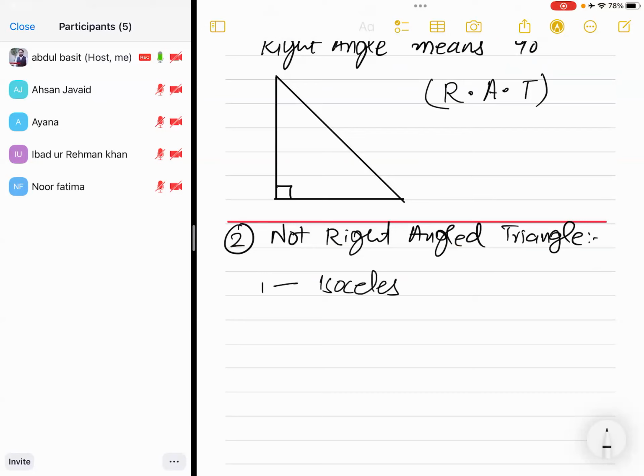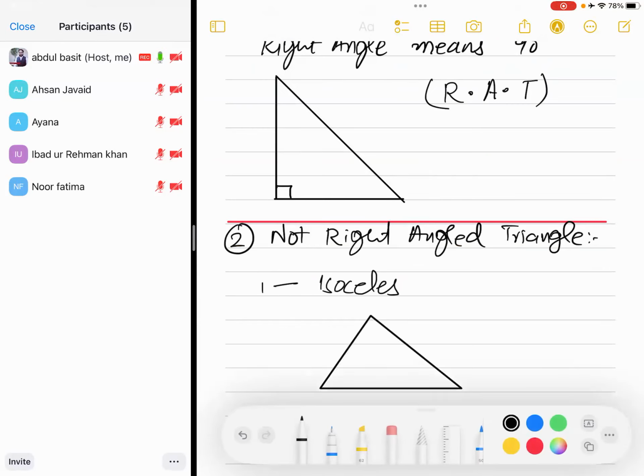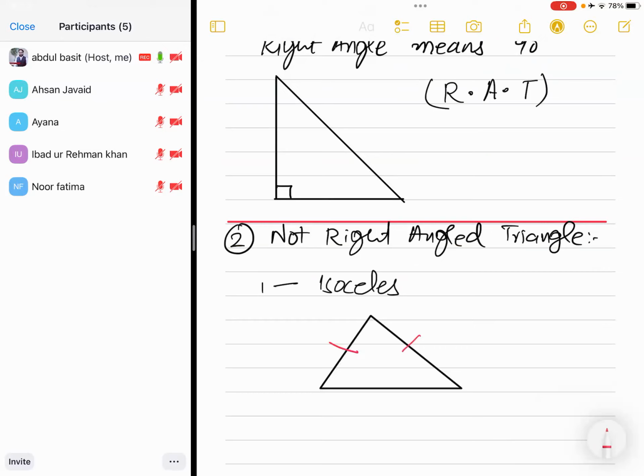Isosceles triangle means a type of triangle in which two sides are equal, or two angles are equal. So for example, if it is 5, that would be 5, and if it is, for example, 30, that is also 30.